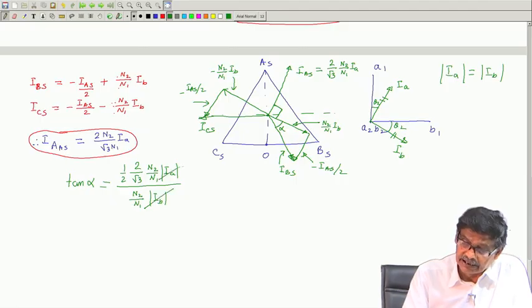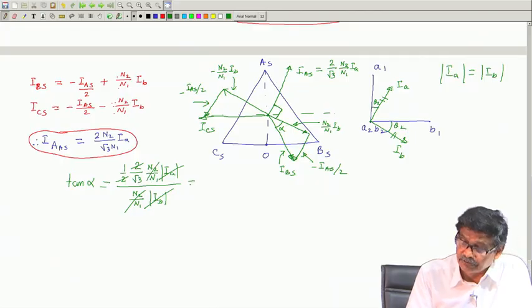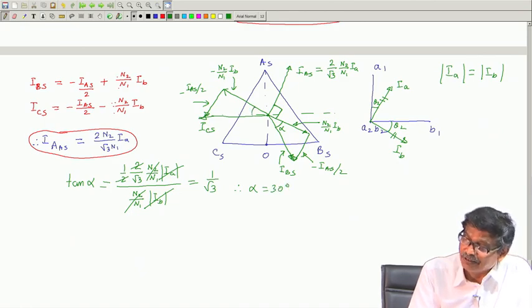So, this will cancel out and this cancels out, and you are left with 1 by root 3, which indicates that alpha equal to 30 degree. Similarly, from this triangle, this is also alpha, has same ratios.